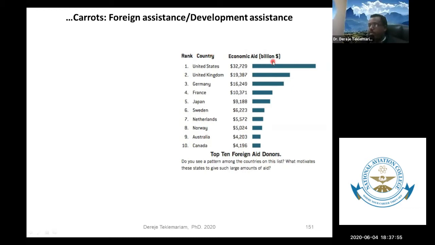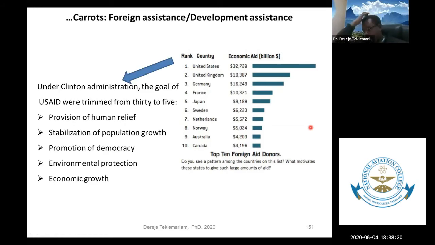For example, the USA gives annually around 32 billion US dollars in economic aid. Then the United Kingdom, Germany, France, Japan, Sweden, Netherlands, Norway, Australia, Canada. These are the top 10 foreign assisters, or assistant groups.